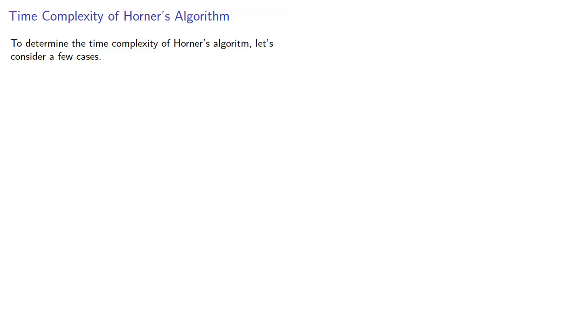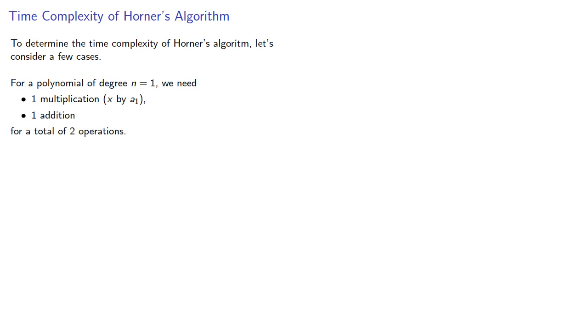To determine the time complexity of Horner's algorithm, let's consider a few cases. For a polynomial of degree n equals 1, we need 1 multiplication, x by the coefficient, and 1 addition for a total of 2 operations.